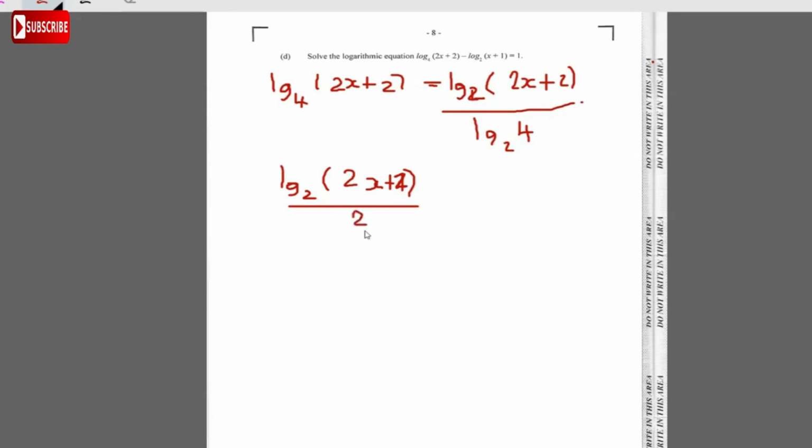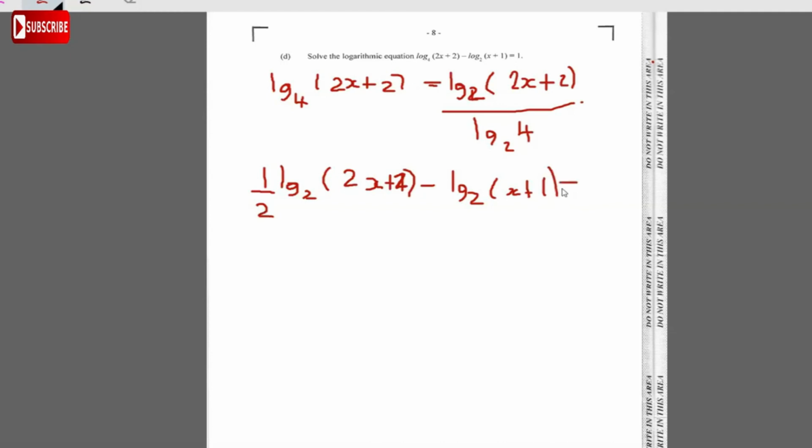Instead of saying divided by 2, better we put a half on the outside. So we can put a half on the outside here, minus log to base 2 of x plus 1. And this is equal to 1.